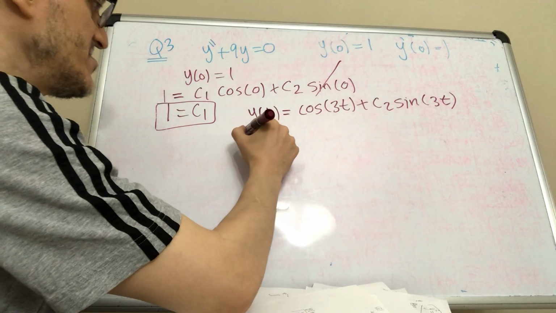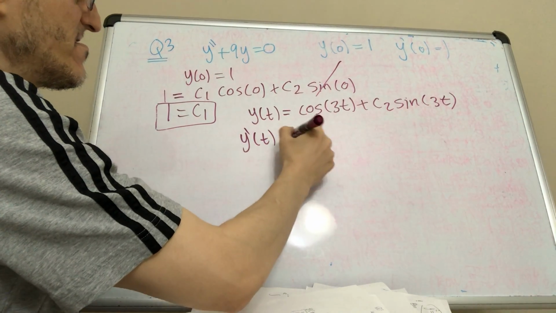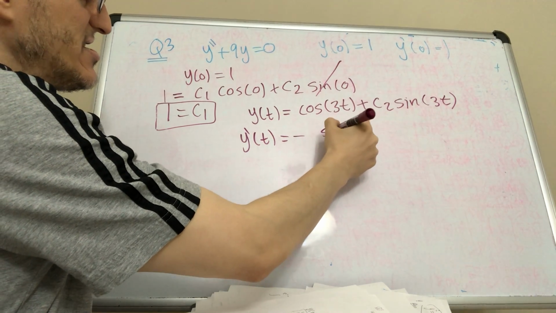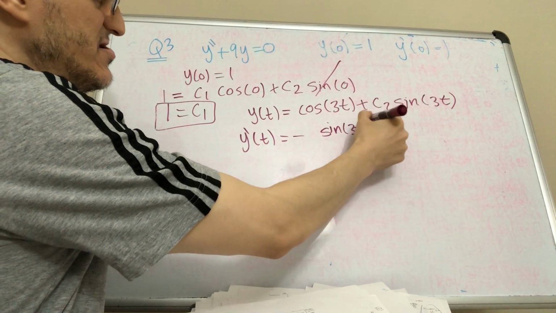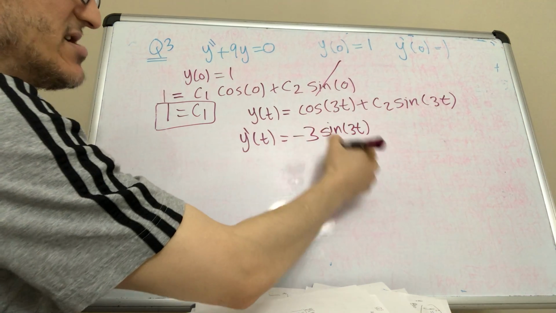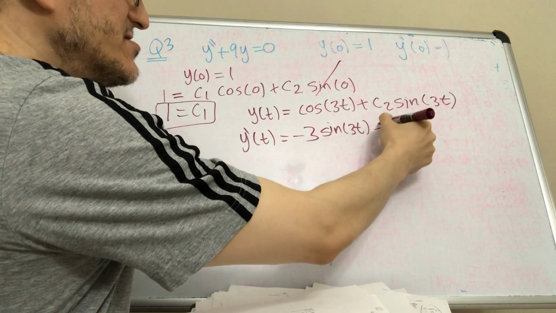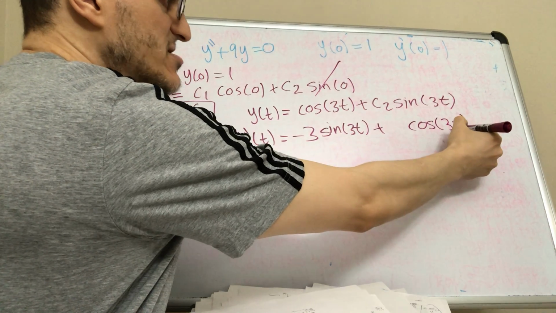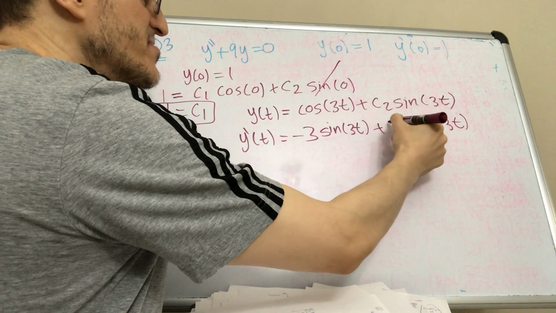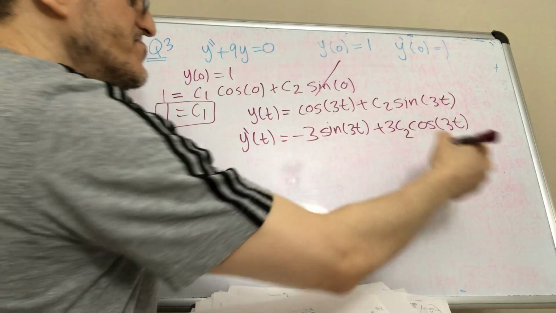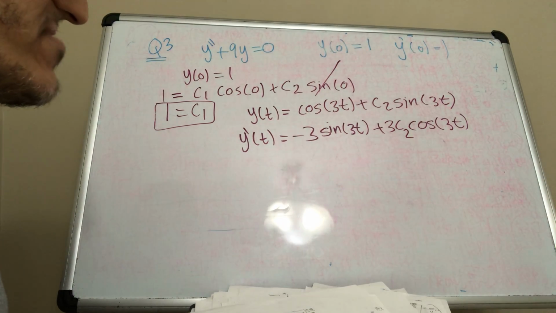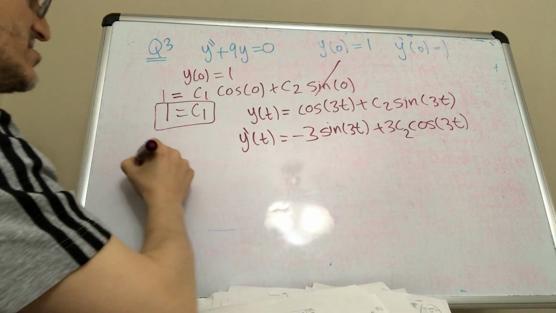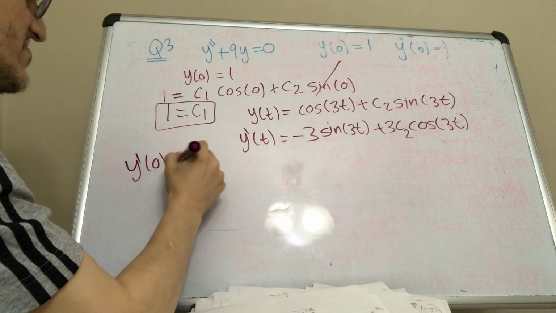So we take the derivative. Derivative of this would be negative sine 3t times the derivative of the inside, 3. This one will be cosine 3t times the derivative of the inside 3, so 3C2. This is the derivative, and we use the condition that the derivative at 0 is 1.